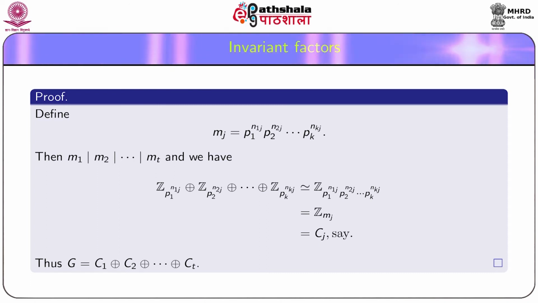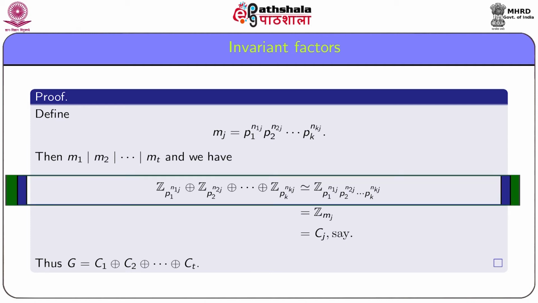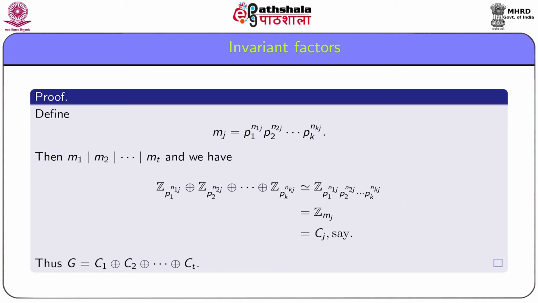And since the elementary divisors are arranged in ascending order, we have M1 divides M2 divides M3 and so on divides Mt. And also we have Z of p1 to the power n1j direct sum Z of p2 to the power n2j and so on plus Z of pk to the power nkj is isomorphic to Zmj by the result that Zm direct sum Zn is isomorphic to Zmn when m and n are relatively prime.